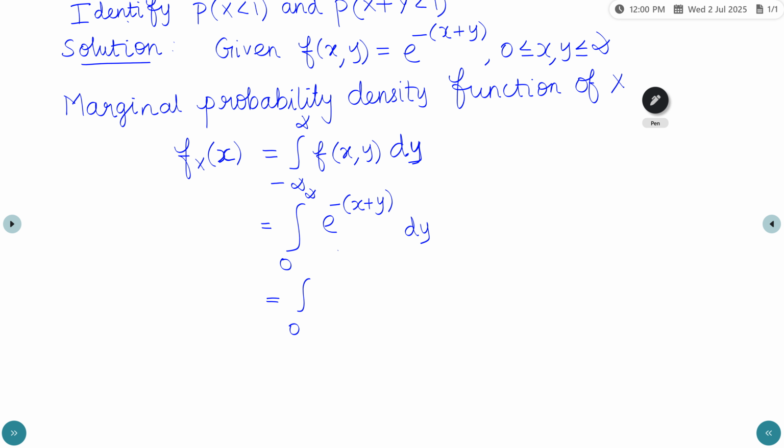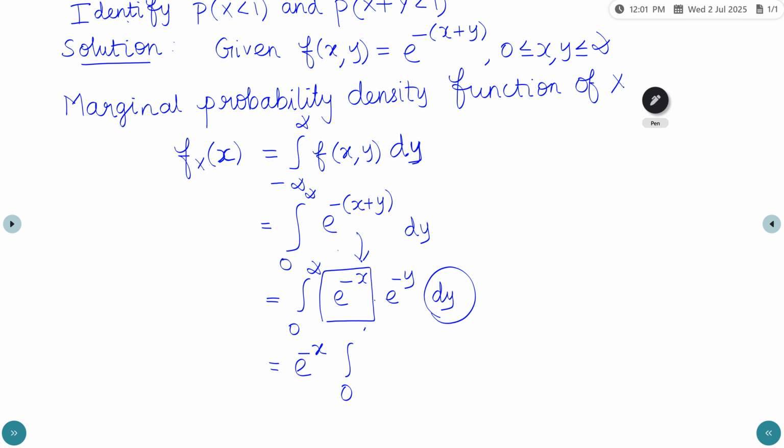We can write e power minus (x plus y) in the form of e power minus x into e power minus y dy. In this case the integration is with respect to y, so we can take e power minus x outside as a constant. The remaining is the integral from 0 to infinity of e power minus y dy.